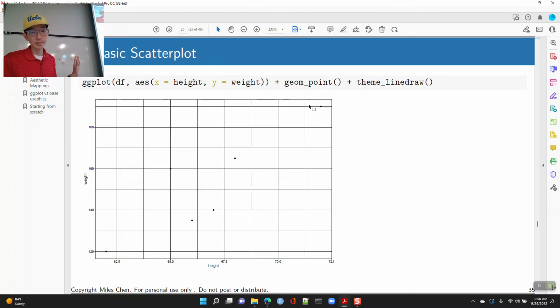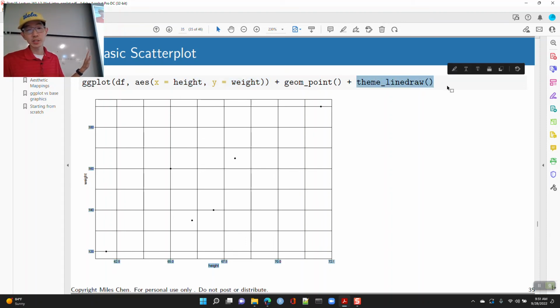So I have to add points, geom_point, and here it takes our 6 data points and plots them, okay? Right now there are only 2 variables being plotted, the height and the weight, and that's all we have. We have no idea of the gender or the hair color because they are not included inside our aesthetic mapping, okay?